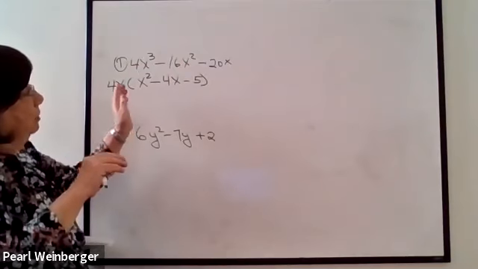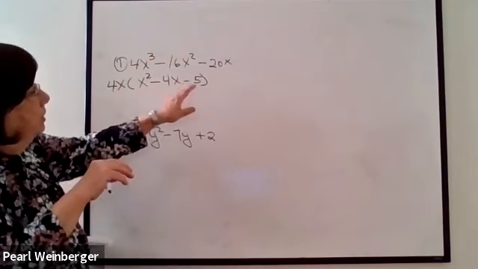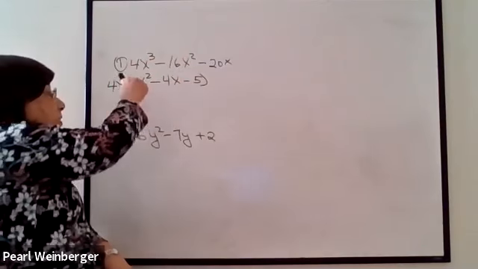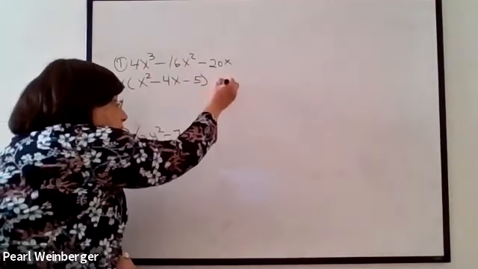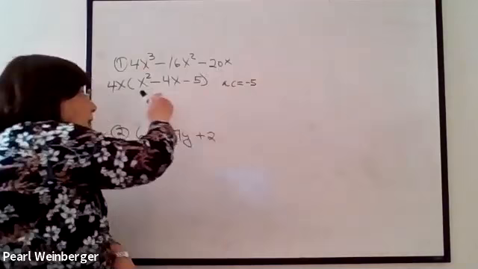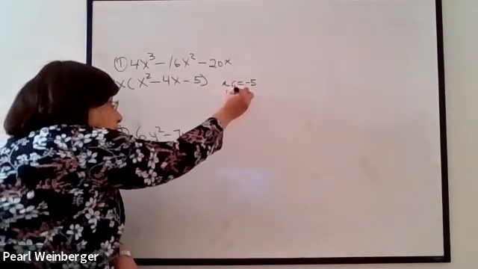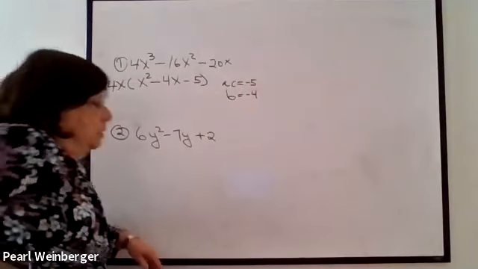It's the common factor. But what we're trying to factor further is x squared minus 4x minus 5. So my AC, remember the A here is 1. 1 times negative 5 is negative 5. And my B is negative 4, the number in front of the x.